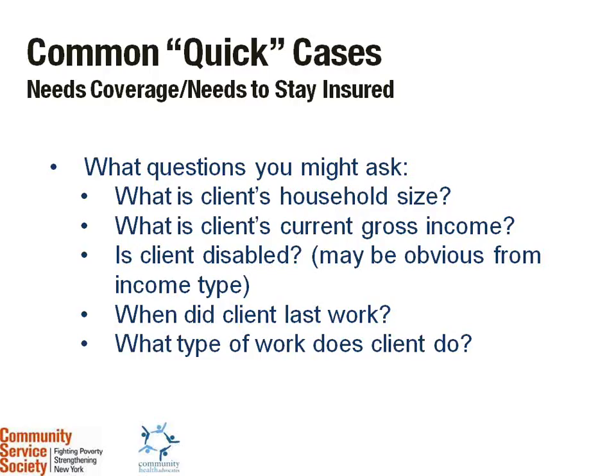Whether or not they're disabled, when did they last work, and what type of work did they do? Those questions are more important for income and trying to find out what they might be eligible for, if their income is varied, or maybe there are particular programs for specific types of work. But generally speaking, household size, income, and whether or not they're disabled are questions that you have to ask in almost every case.